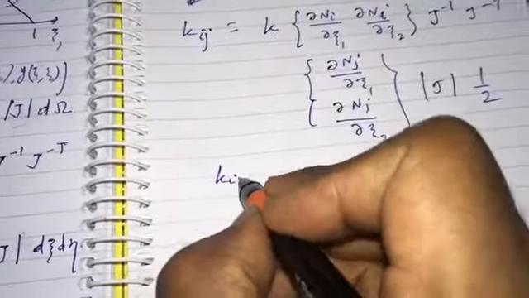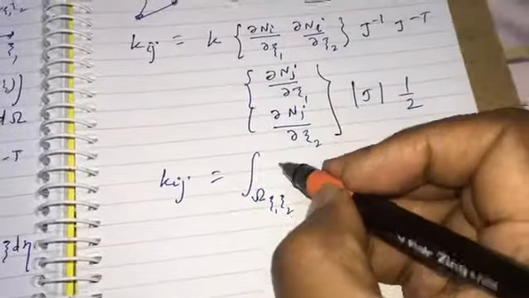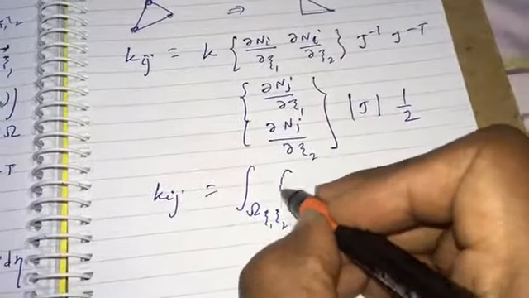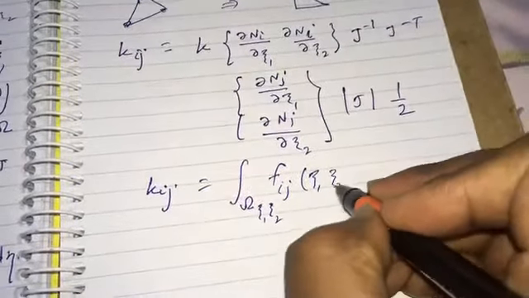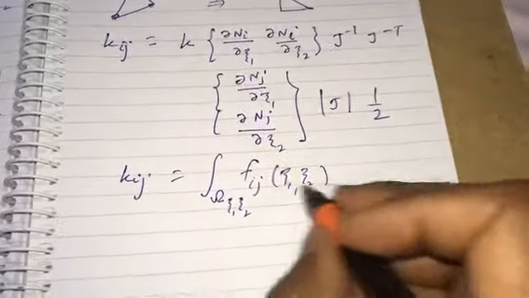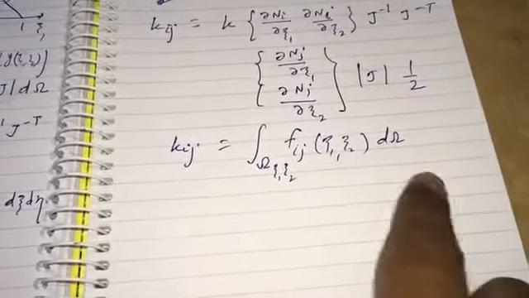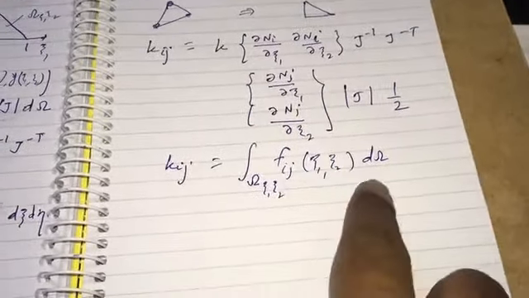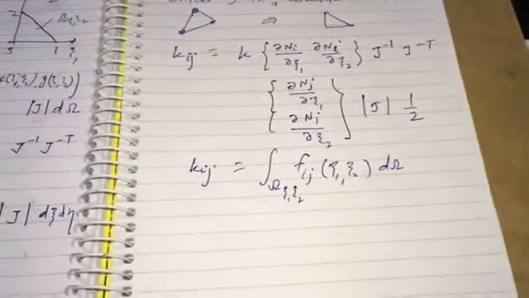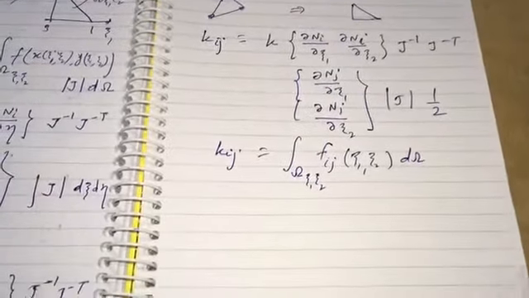So if we write in general K_ij equal to the integral of F_ij(ξ1, ξ2) dΩ, or any integration of a function like this, how do we find out this integration?